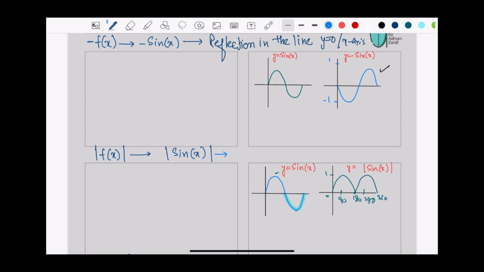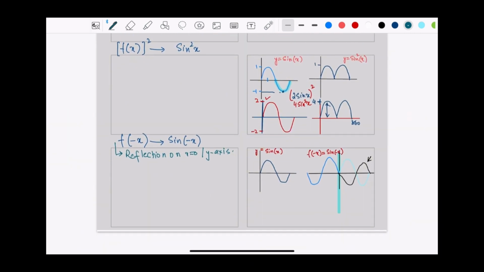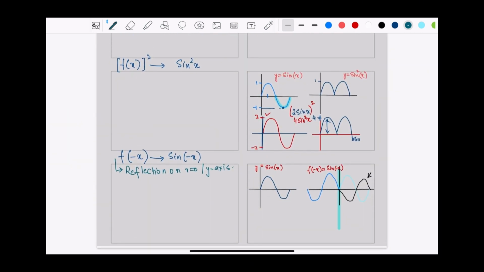If I extend the same graph backward, it will look like this, which is again a reflection in the y-axis. So hence, we can conclude an identity here: sine of negative x is the same as negative sine of x.